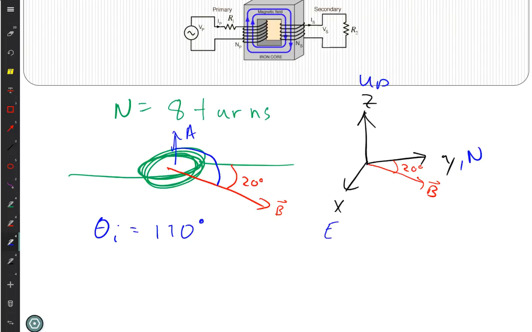What's the angle between the area and the magnetic field if they rotate it like that? 0. It's going to be 90 degrees is the angle between the area here and that. But if they rotate it like this, then it's going to go to 20 degrees. Right? So it depends on which way they rotate it, what your ending condition is.